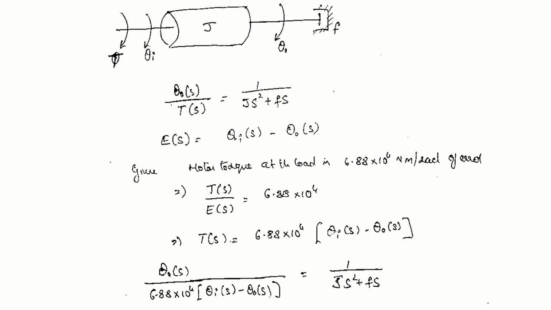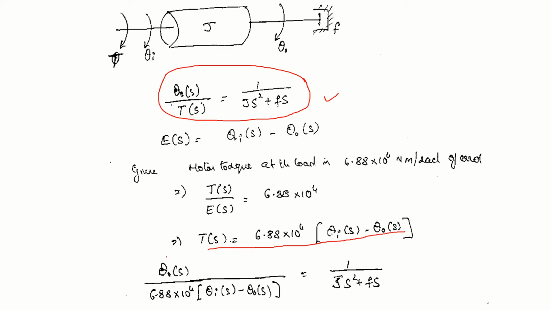So theta naught of s by T of s we can derive. We'll get this transfer function. Error is theta i of s minus theta naught of s. And he has given T of s by E of s equal to 6.88 into 10 to the power of 4. So T of s I got.